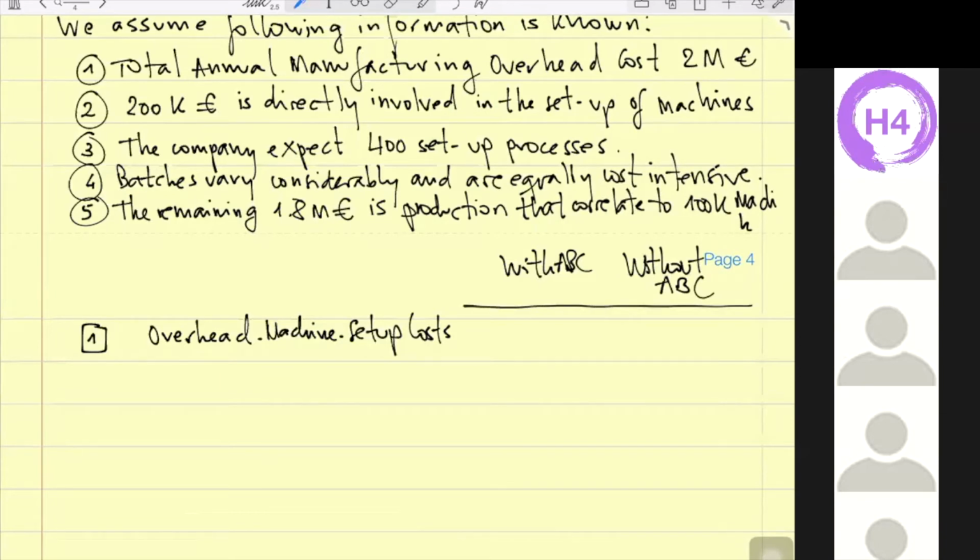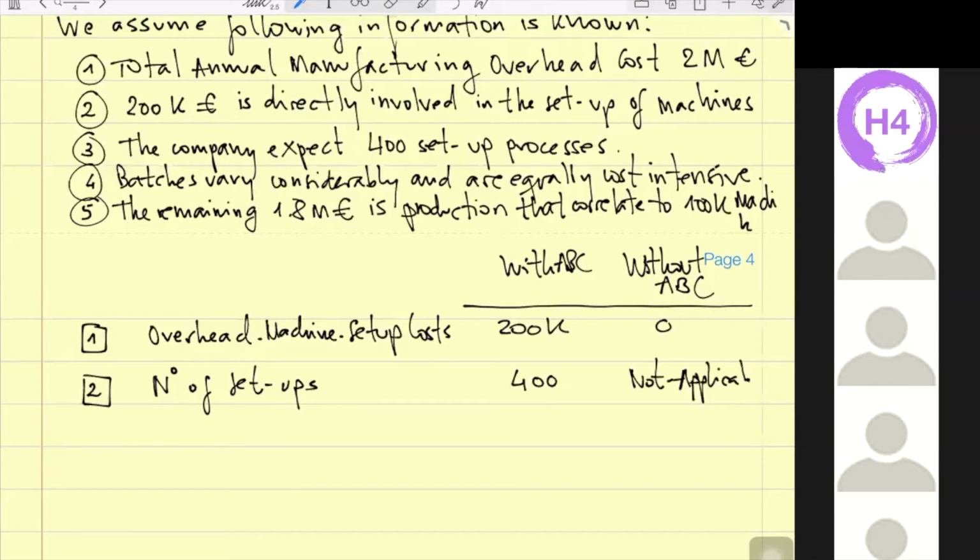With ABC, we have 200,000. Without ABC, we have 0 because we cannot allocate it. Second, number of setups. With ABC, we have 400. Without ABC, it's not applicable because we don't have the ABC information, so we don't know.